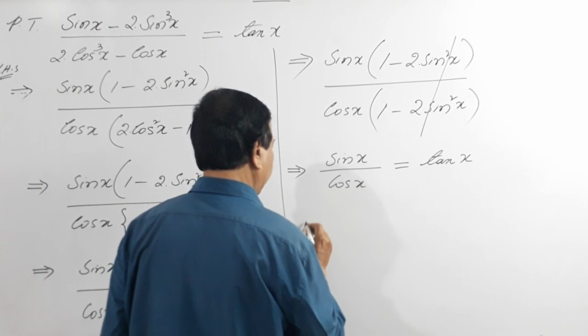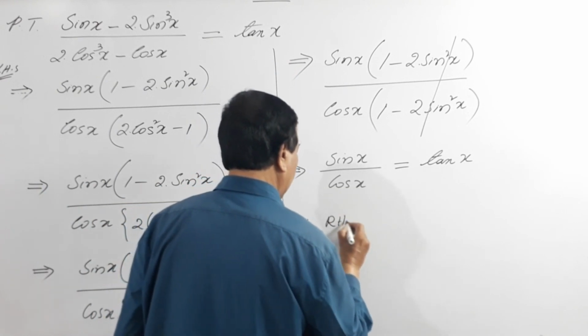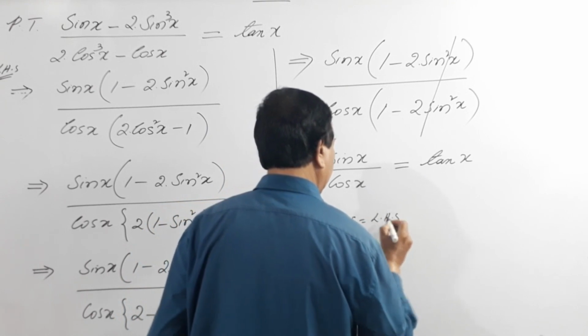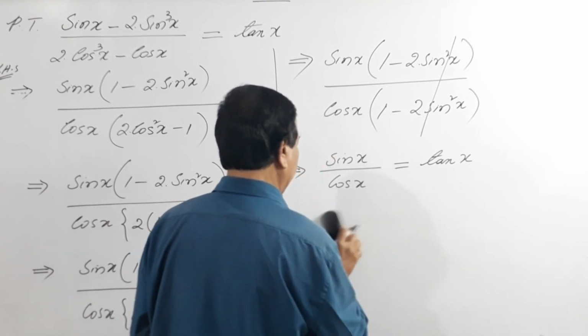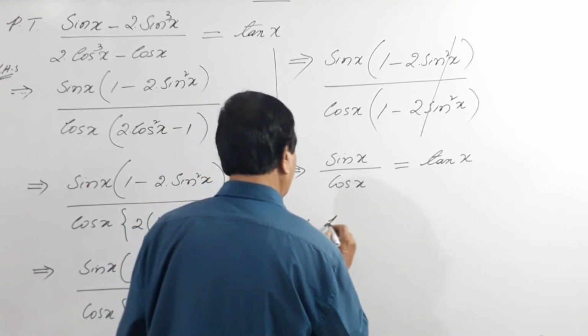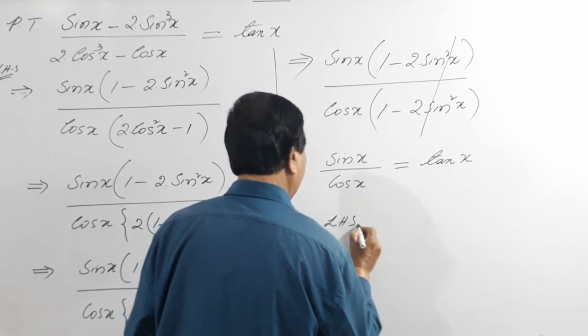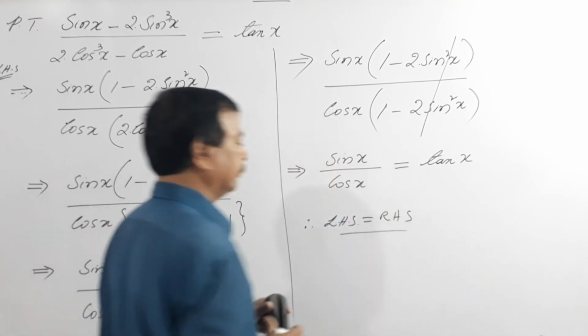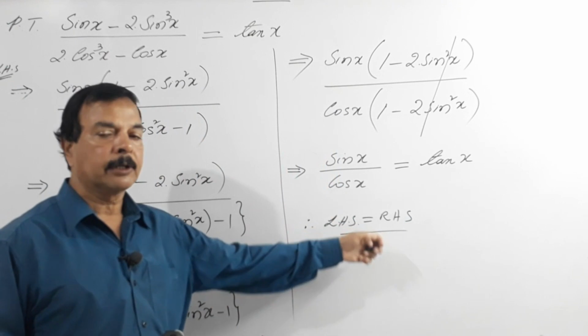So therefore left hand side equals right hand side. I am writing the other way. Therefore LHS equals RHS. Left hand side equals right hand side.